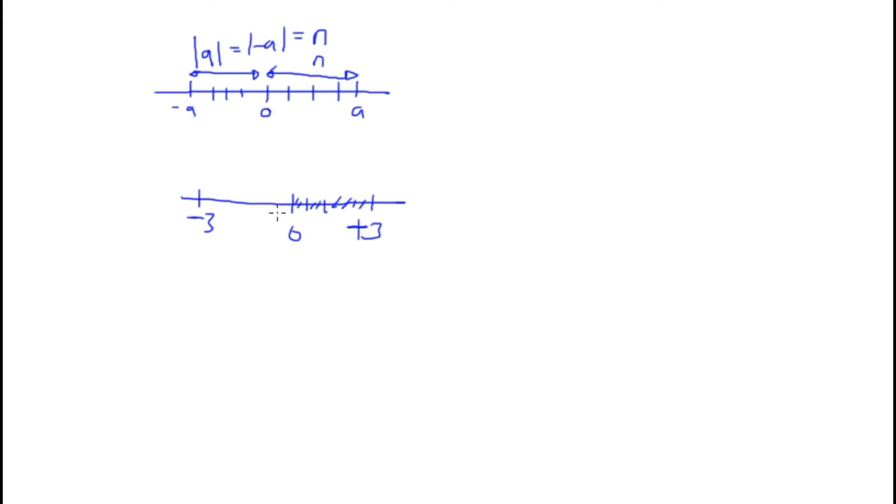So it is 3 units away from 0. The same thing applies for minus 3. It is 3 intervals away from 0, and that's why the absolute value of 3 is the same as the absolute value of minus 3, and is the same as 3 because it is 3 units away from 0.